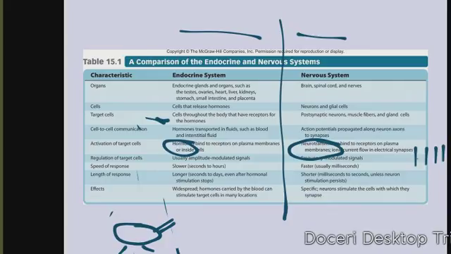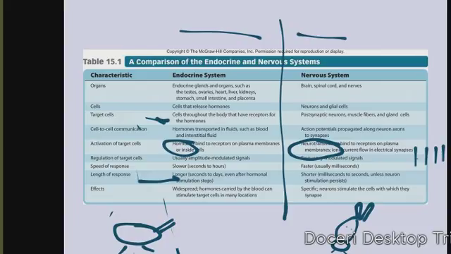And then over here we have our hare on the other side. Our hare gets activated relatively fast. It has a fast response time, whereas the endocrine system has a slow response time. However, the length of response will last longer. It's just like the race will last longer if you run in a turtle race versus a rabbit race in reality, not like the storybook.